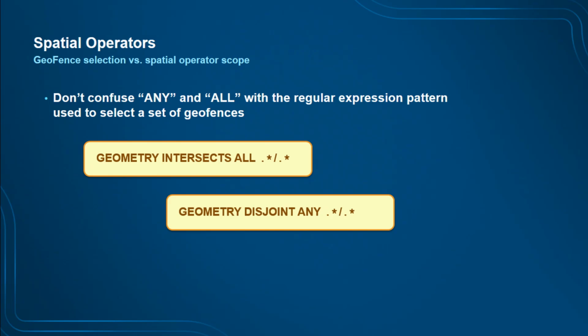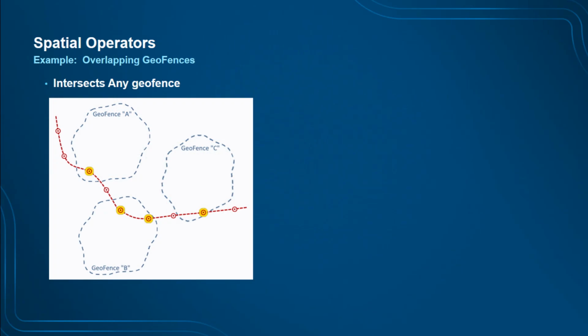The second expression, geometry disjoint any, is looking for the event's geometry to be disjoint from any single geofence in that selection set. And again, with the dot star, we're selecting all of the geofences, so that is our selection set. If we look at this as an illustration, we have a vehicle track line depicted here in which the vehicle is reporting periodic positions.